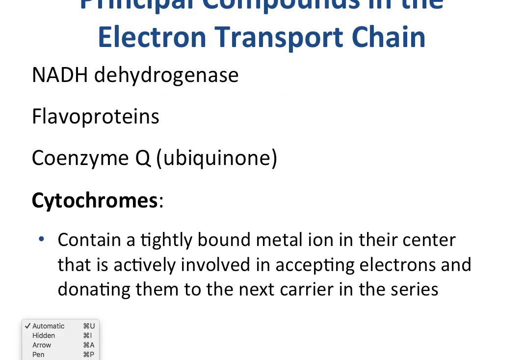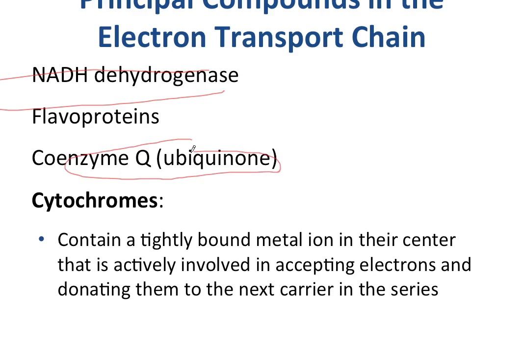So the compounds in the electron transport chain are the NAD dehydrogenase, flavoprotein, okay, coenzyme Q, okay, ubiquinone, okay, and the cytochromes.